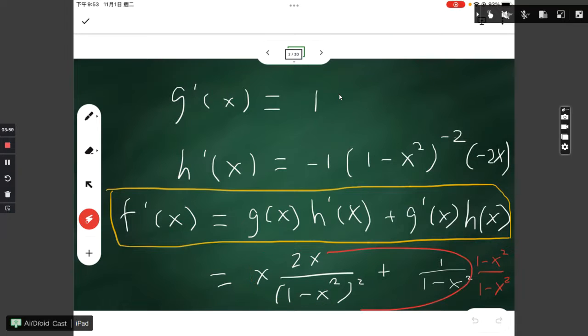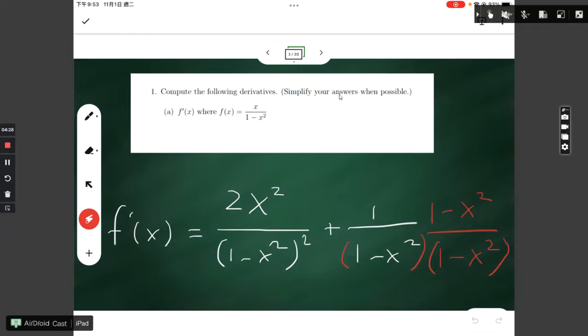All right, so at this stage, it all comes down to simplifying this whole expression. The way to do it is you look at these two fractions. They have different denominators, and you have to find their common denominator. So you multiply this fraction by 1 minus x squared over 1 minus x squared. When you do, both denominators become 1 minus x squared, the whole thing squared. So we have achieved that.